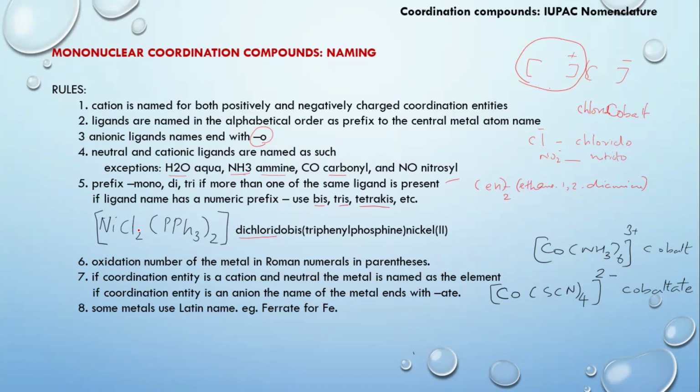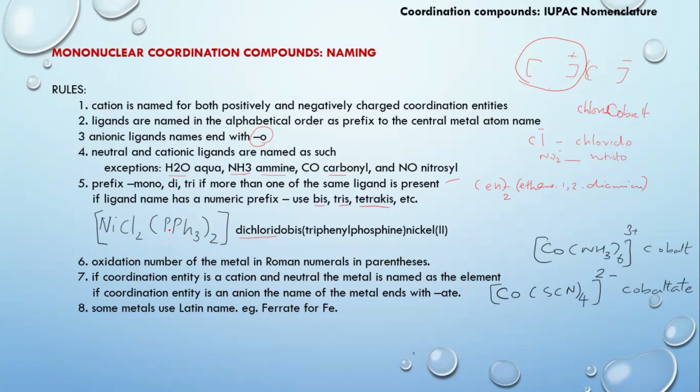So to understand it, we are taking this example. Here the naming is done in such a way that before the metal's name we are adding the ligand's names, in the alphabetic order.